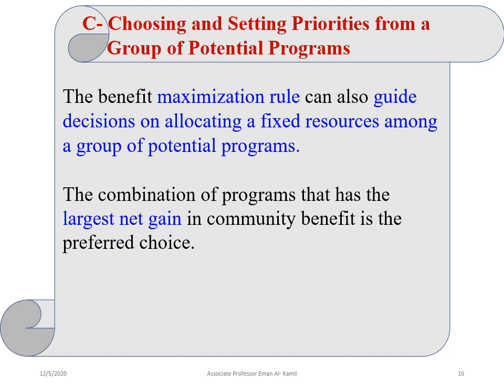The combination of programs that has the largest net gain in the community benefit is the preferred one. We determine according to the cost benefit analysis the financial gain from each program, and we choose the one with the largest net gain, the most money gained from the program, and we are going to choose it.